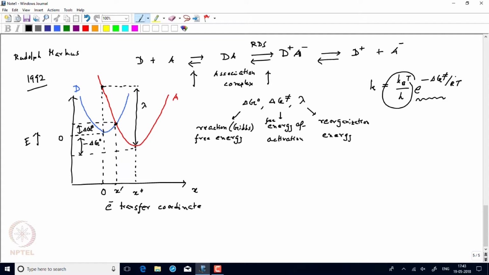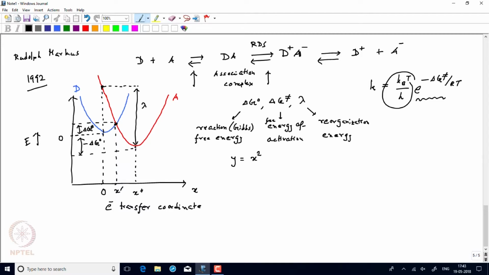Actually it is y equal to a x square with some constant, but we have drawn it in such a way that everything is scaled to 1, meaning the constant is already absorbed within x. So all the energy equations will be something like y equal to x square.